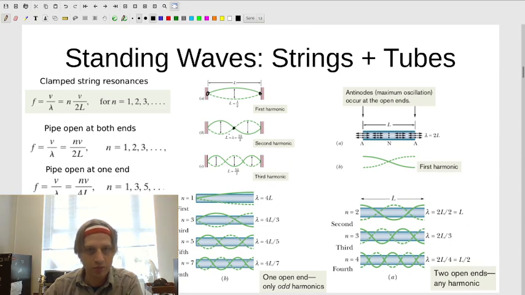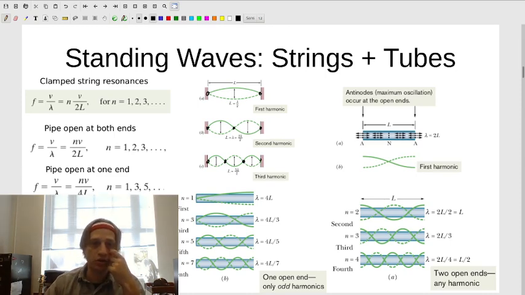So like this one, we added one node from our 0th, so we still have both nodes at the ends, and then you go up, and every time you're adding in more nodes, you get essentially a shorter wavelength. Shorter wavelength will have a bigger frequency. It's going back and forth more quickly.